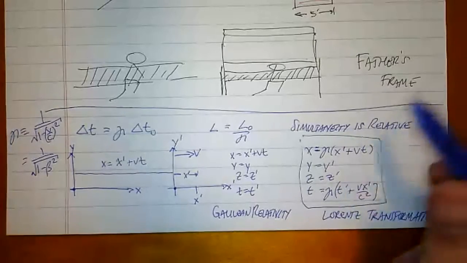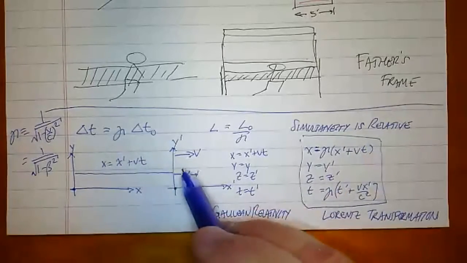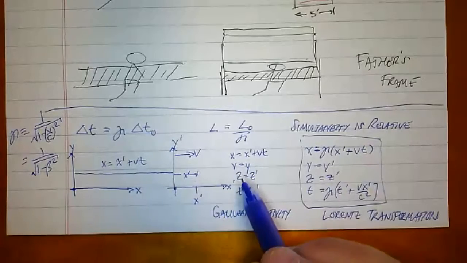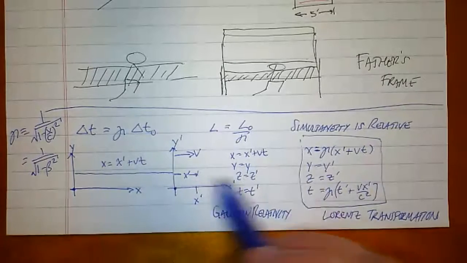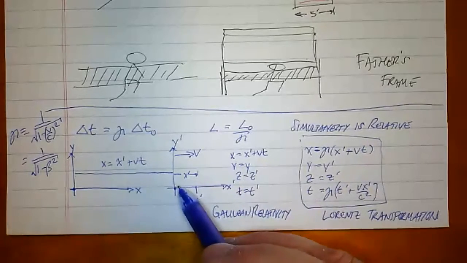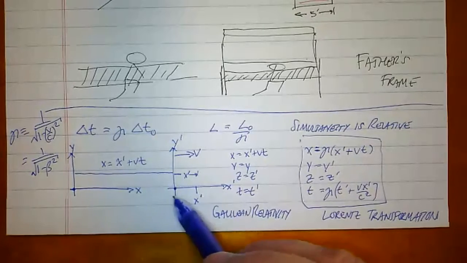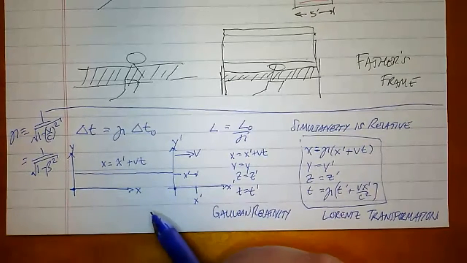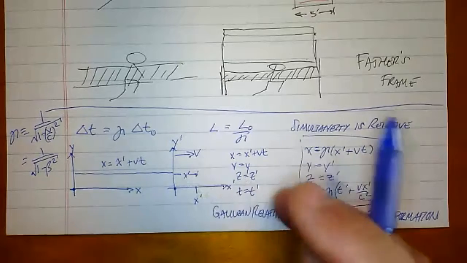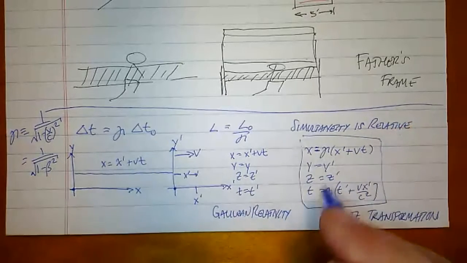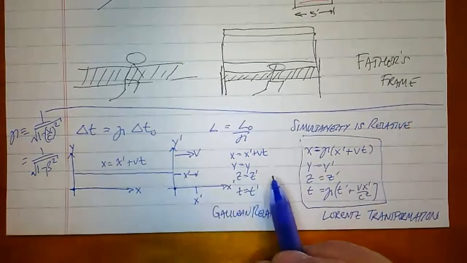And believe it or not, this is how you make these two coordinate systems match. All they had to do, of course, was have the origins at the same place at t equals 0, and that the x-axis had to be parallel to the x prime axis, the y prime axis had to be parallel to the y-axis, and the z prime axis had to be parallel to the z axis, and the motion is only along the x direction.